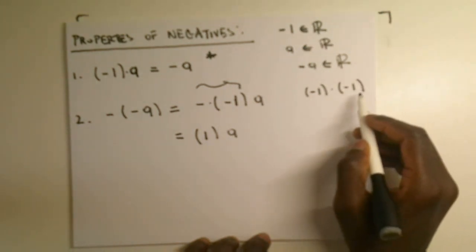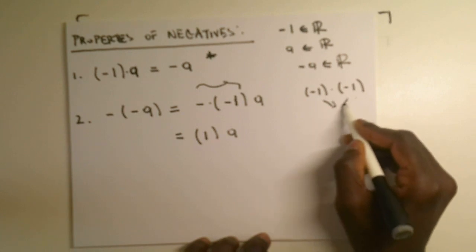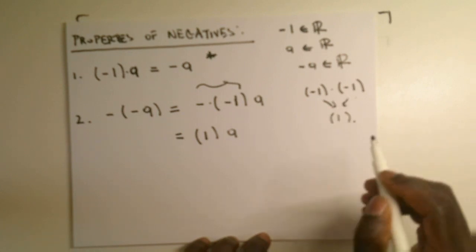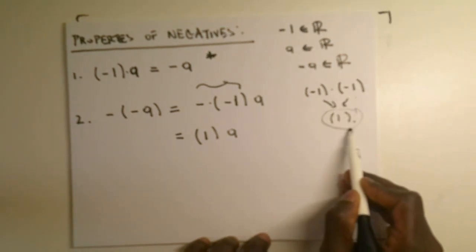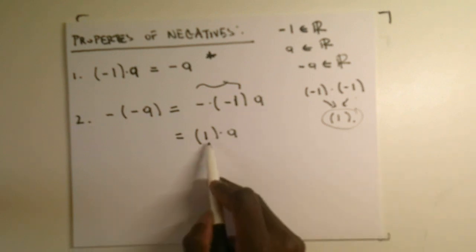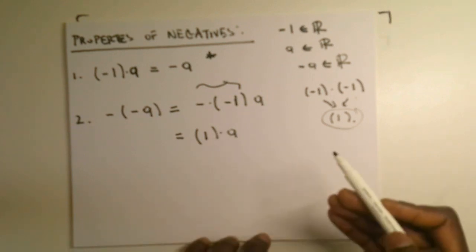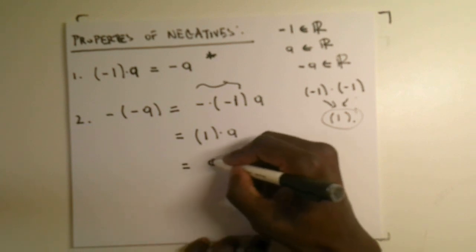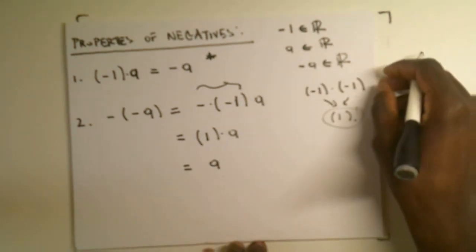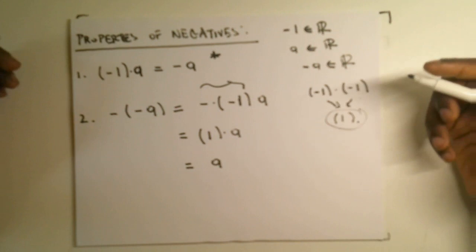So these are two inverses together. This will create a positive 1. Now this positive 1 is what we're going to multiply with A, which will turn this into a positive A.